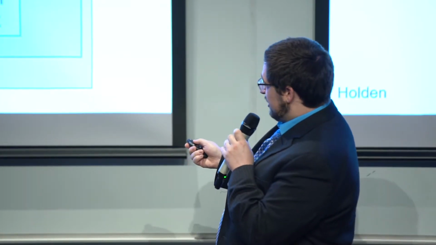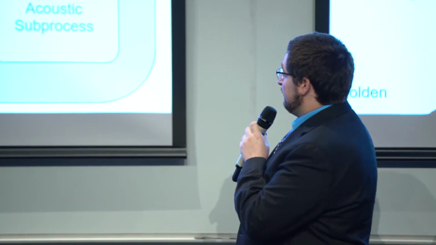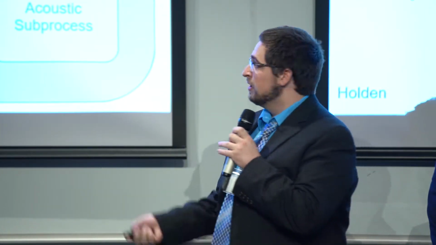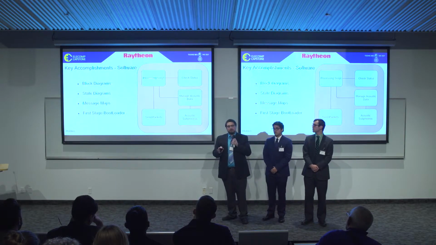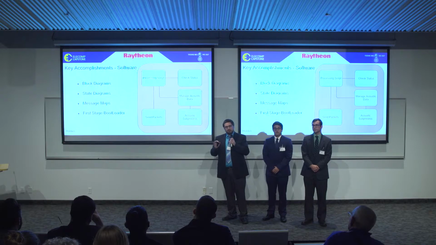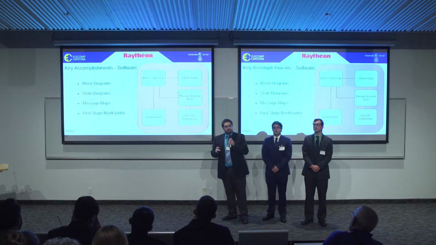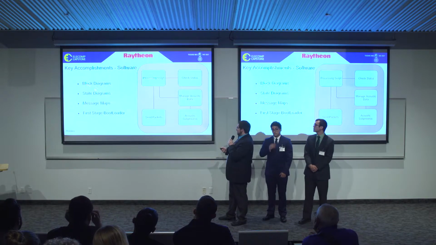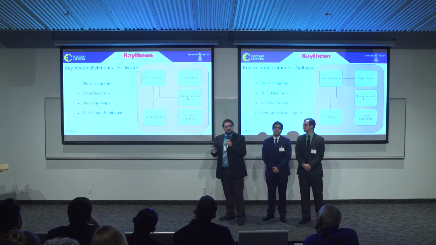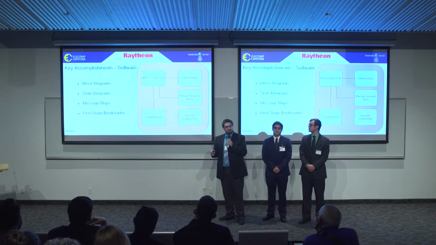Regarding the ARM processor, the Ethernet link, and the PC, that is my domain of the project, which is software. So far, what I've gotten done is block diagrams, which basically are a roadmap for how all the functions of the product will interact with each other and will be laid out. More specifically, we have state diagrams, which dictate exactly how the software, step by step, performs its functions.